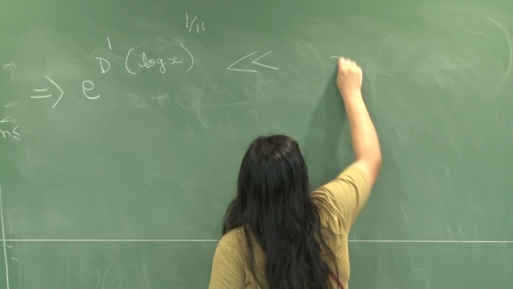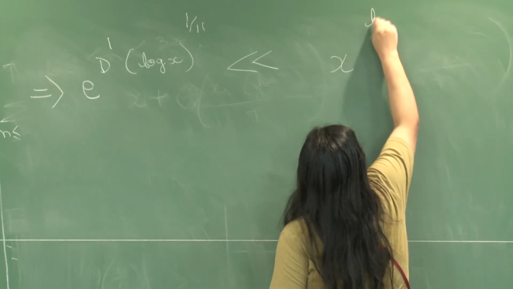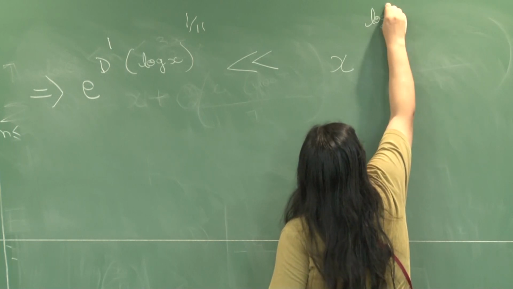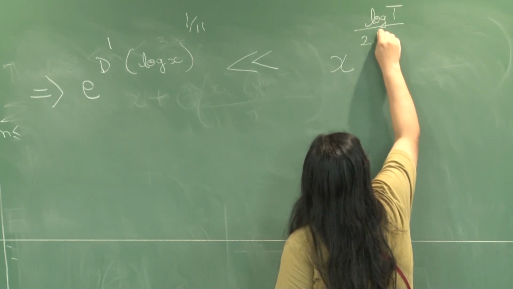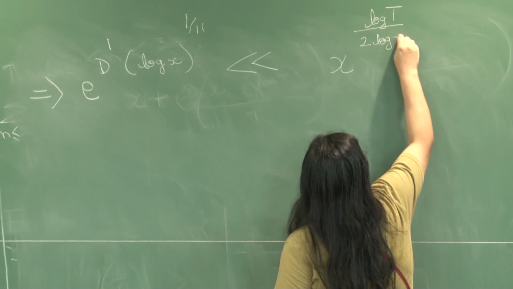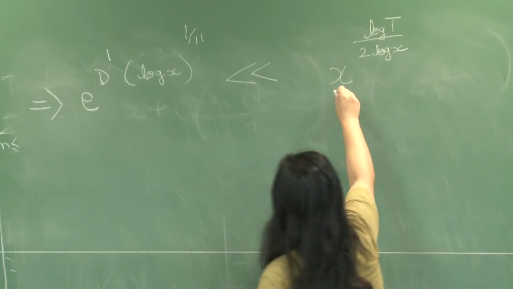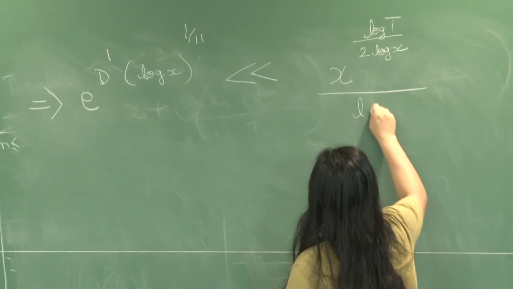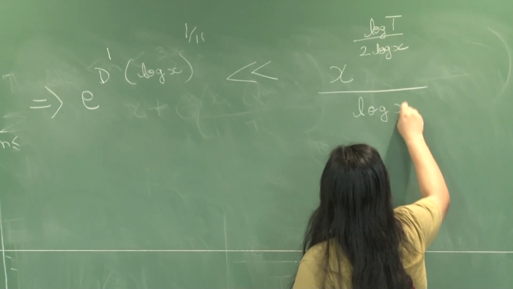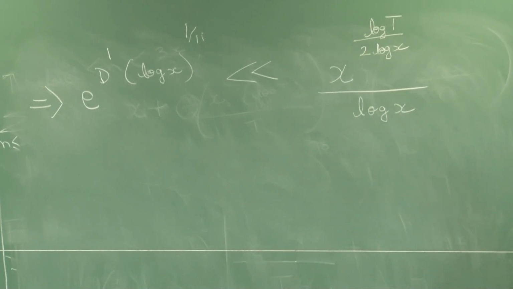So, x raised to the log t over 2 log x over log x. Okay? And what does this tell you?